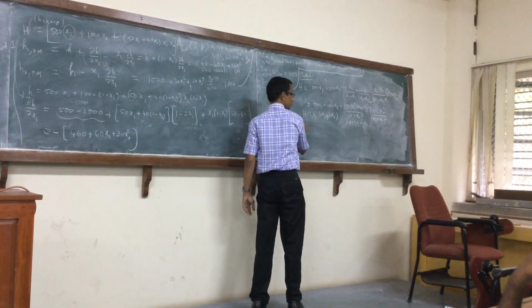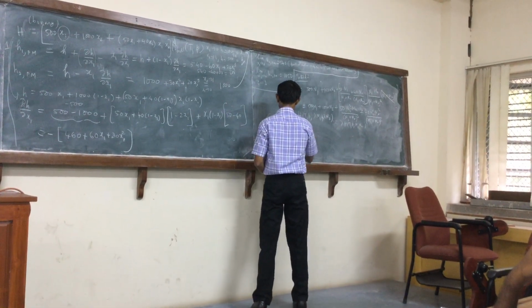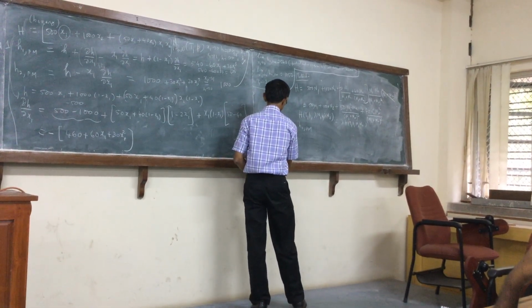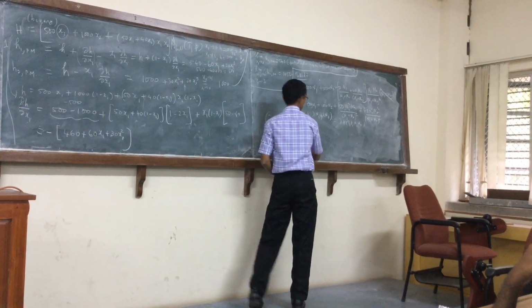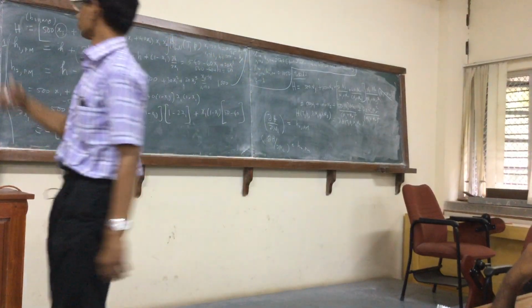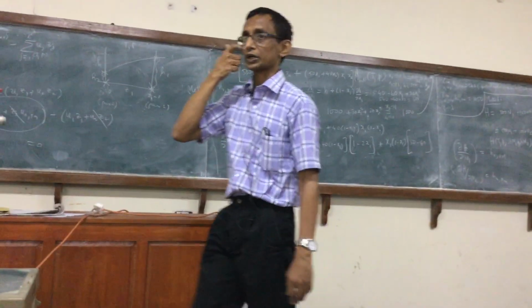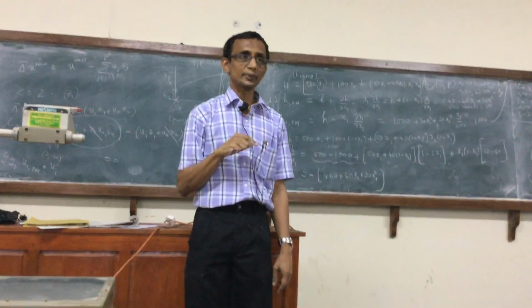Now you do dH by dN1, keeping N2 fixed, you will get H1 partial molar. You can figure out for yourself which one you find easier to apply. You apply this in terms of the mole fractions or convert it to in terms of mole numbers. Now there is a third method.